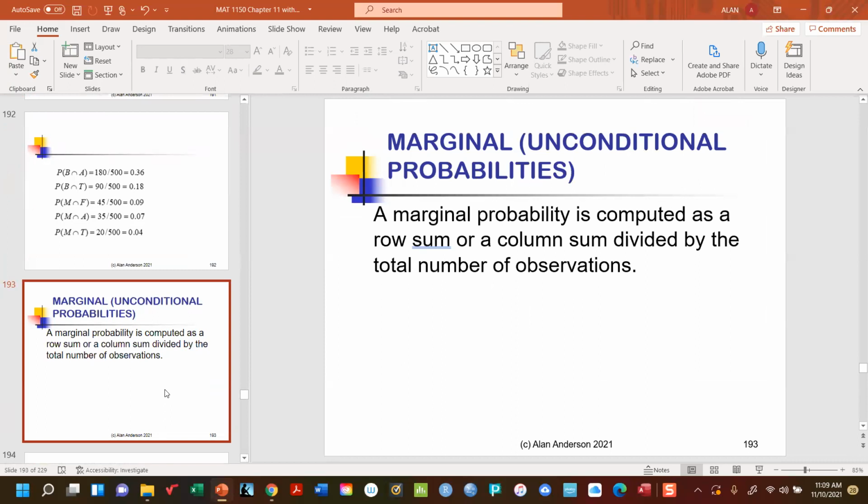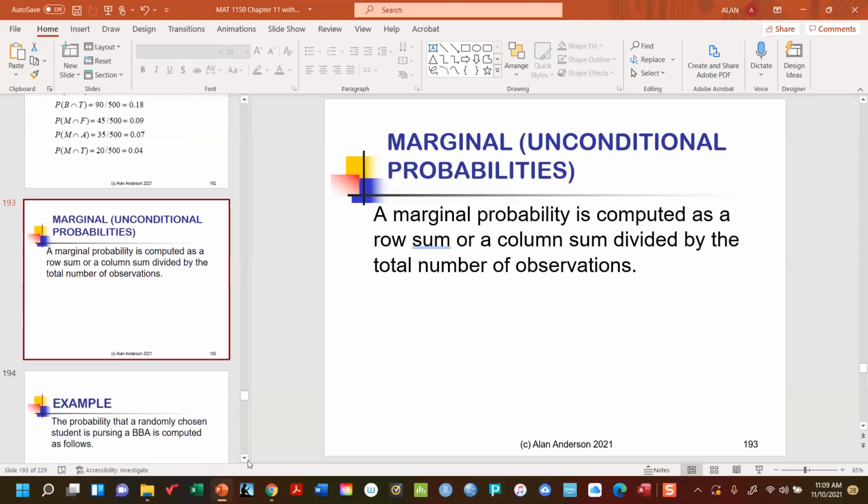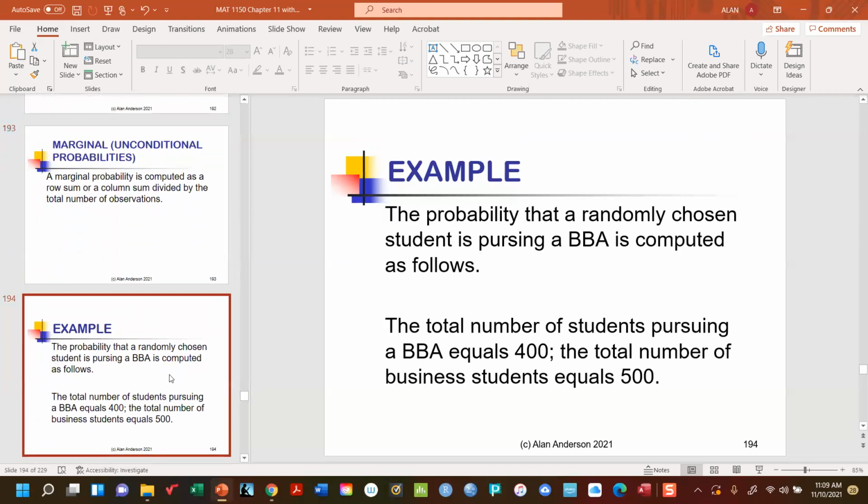The next type of probability we want to introduce is called either marginal or unconditional probabilities. So what is this all about? This time we're interested only in probabilities for single events. All right, so let me show you an example of this. What if I want to know the probability that a randomly chosen student is getting their bachelor's degree? Now you notice I didn't mention their major.